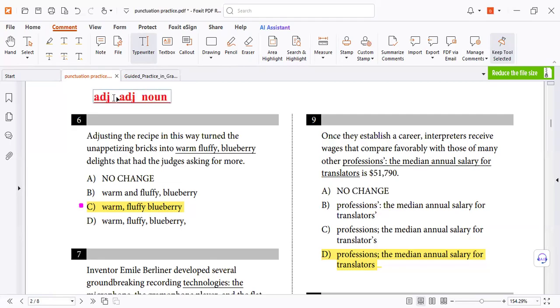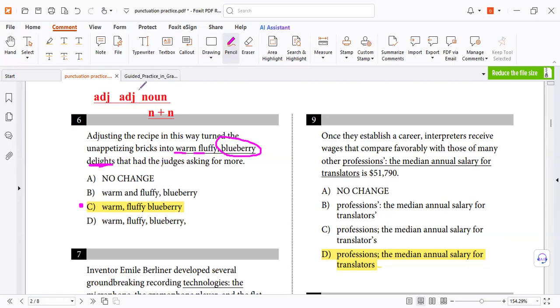If you want to use two adjectives, you need a comma or "and" between them. But we have a problem: if the noun is a compound noun, noun plus noun, don't be confused that the first noun is an adjective.